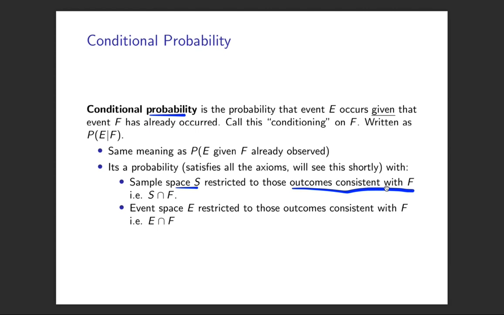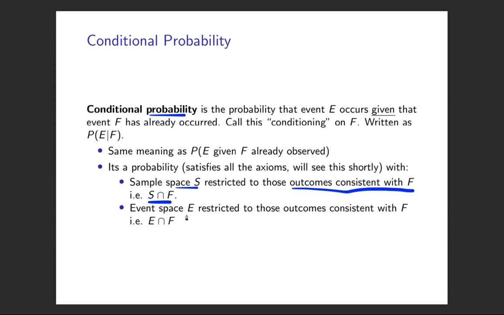So we can exclude all the events that aren't consistent with that because we're not interested in them anymore. We know they can't happen. And so if we write it in our set notation, that's S, the sample space, intersection with F, which is just going to be equal to F, of course, because F is a subset of the sample space. But let's write it that way for now.